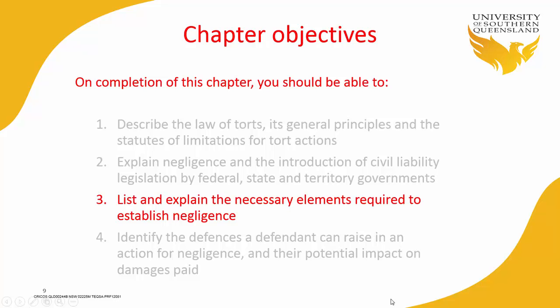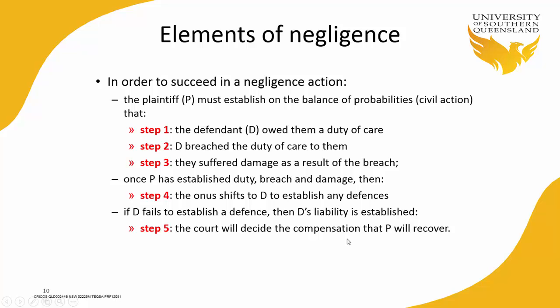Let's then talk a little bit about the necessary elements required to establish negligence. So you'll find again on page 122 there's a summary of these 3 steps, and that's what we refer to as elements. And just a reminder that when I say elements, it means that these are necessary components of the cause of action, in this case negligence.